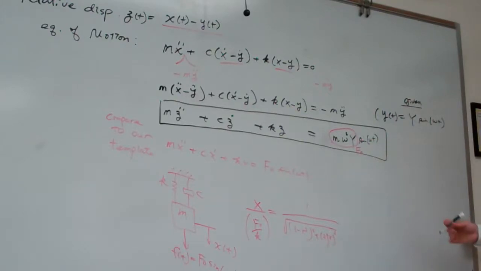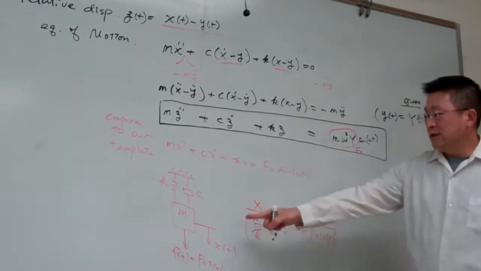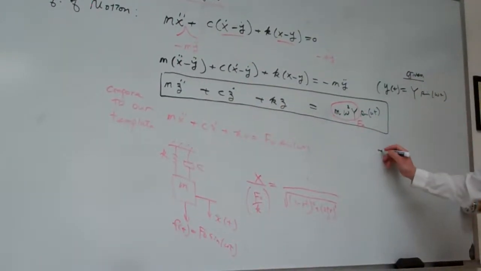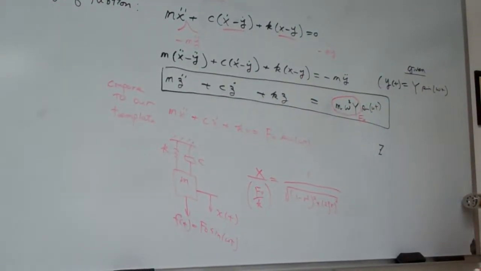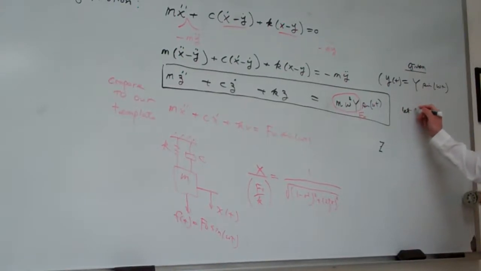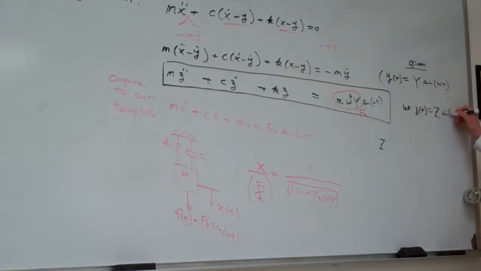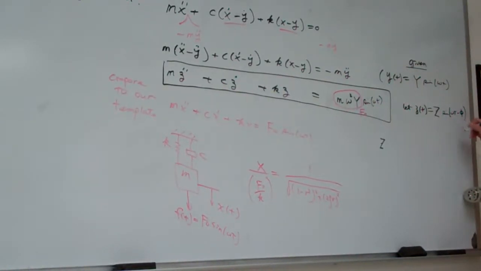So the magnitude of the degree of freedom, here the degree of freedom is Z. So we let z(t) equal to Z sine(omega t minus phi), okay?